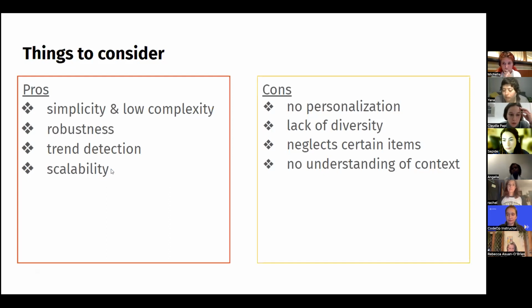It's also good for scalability, meaning that it works well with a limited amount of data, but it can quickly be expanded to larger data sets. For cons, because it just relies on popularity and ratings, it's not very personalized. So as a new user, all you see is what movie is popular these days.